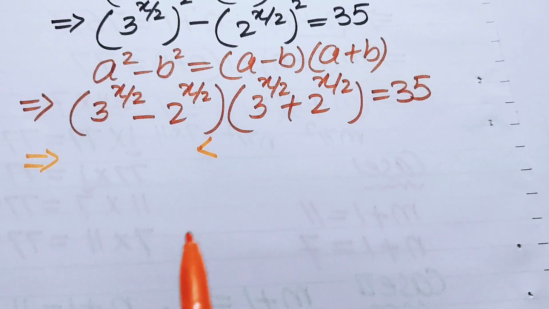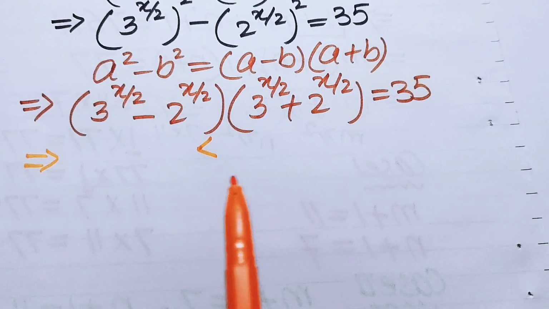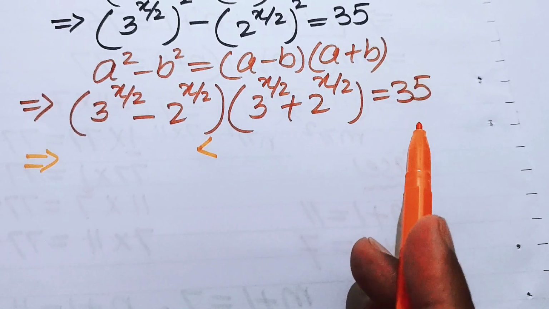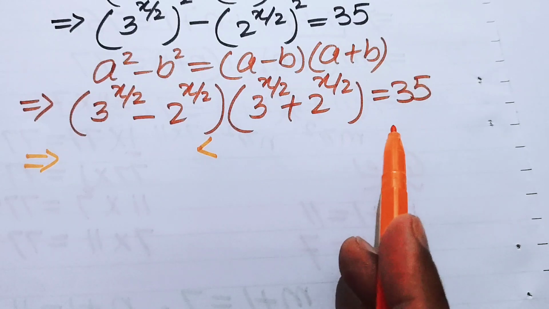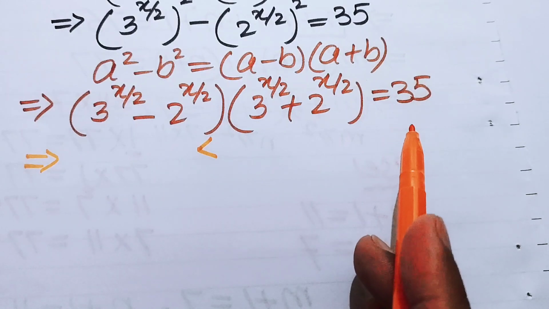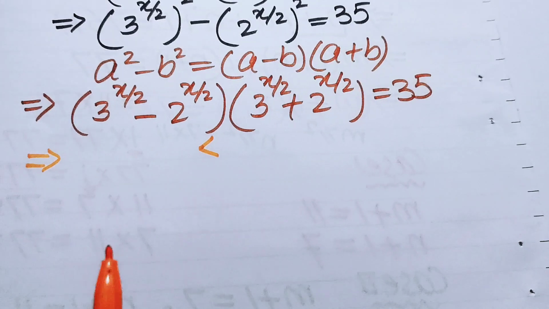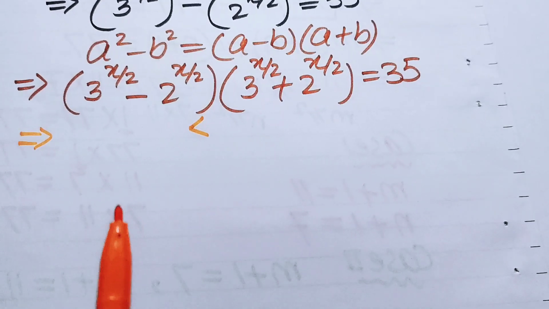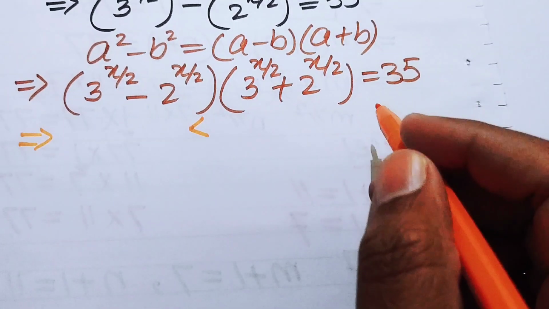So now we need possibilities of two numbers in which the first number is less than the second number and their product is 35. So now first we write the possibilities in which you get 35.